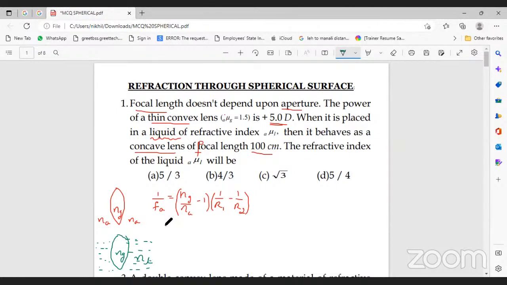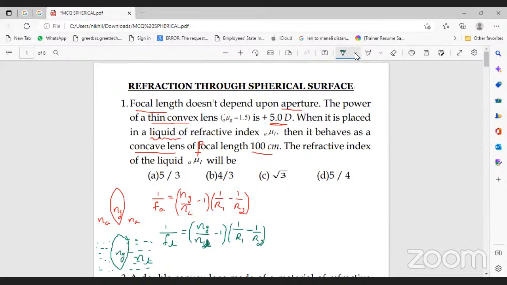Can you tell me the formula for the focal length in that liquid now? 1 by FL equals (Ng by NL minus 1) into (1 by R1 minus 1 by R2).